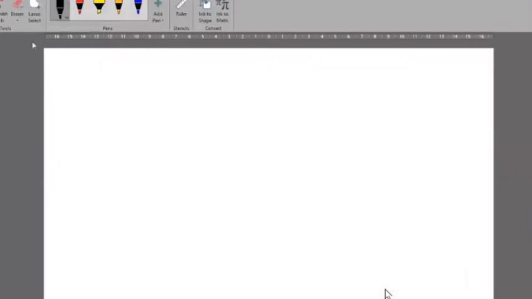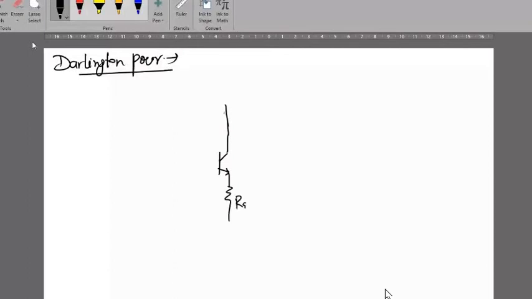The second one is the Darlington pair. What is that? Simply, this is a kind of fixed bias network, but a little bit different. This is RL, this is the output. This is common collector configuration.